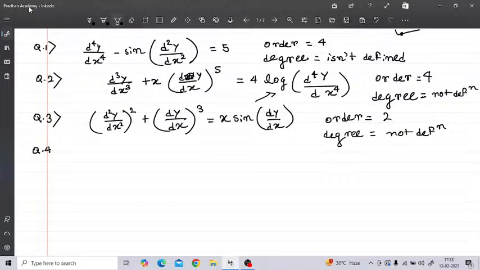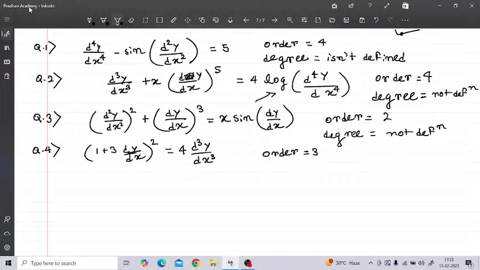Now question number 4. One plus 3 dy/dx whole square equals 4 d3y/dx3. So here what is the order? Order is 3, the highest order derivative. But what is the degree? Here the degree is defined.